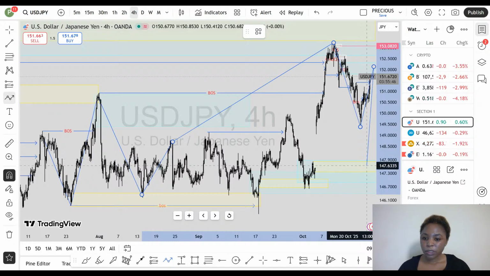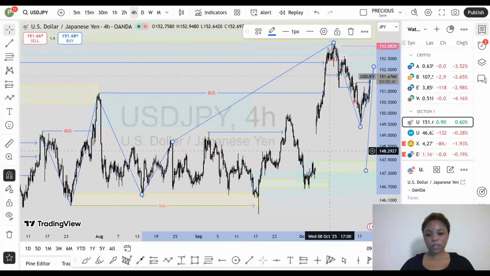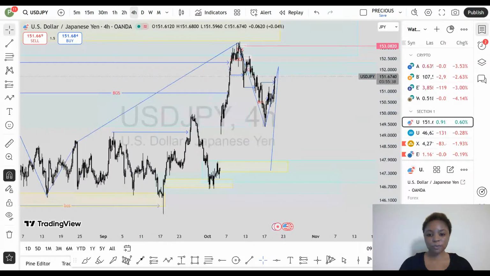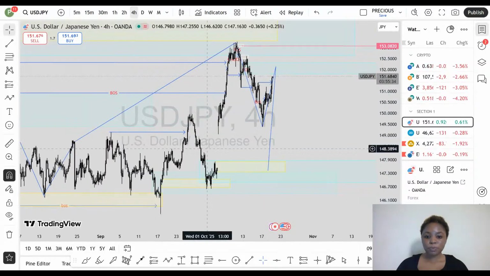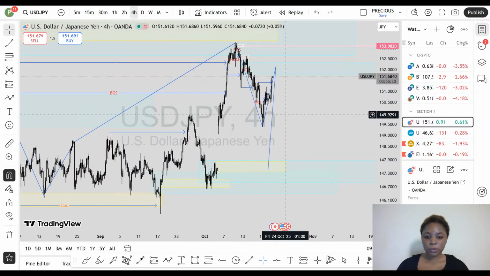We're expecting market to sell all the way here, then we can buy from this level all the way up here, because we have this gap here that we are anticipating for market to fill, and then sell and then buy upward here.